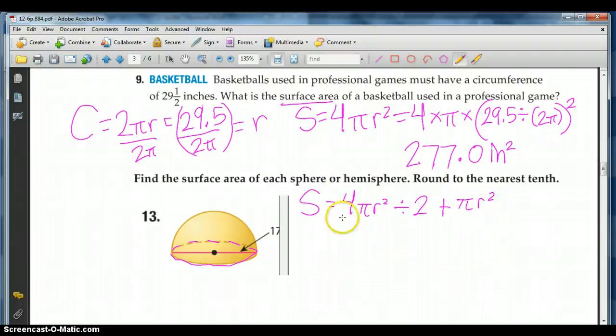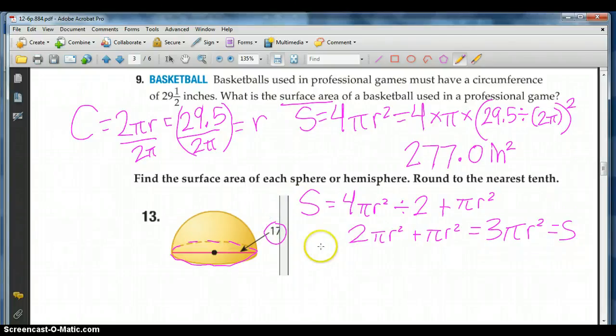So if we simplify all of this, 4 pi r squared divided by 2, or 4 divided by 2, is 2 pi r squared. And then plus pi r squared gives us 3 pi r squared. And this is the surface area that we'll use for a hemisphere. So all we need to know is, what is our radius?